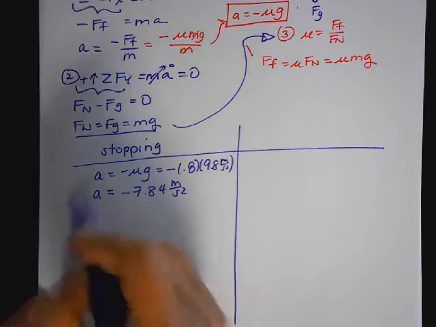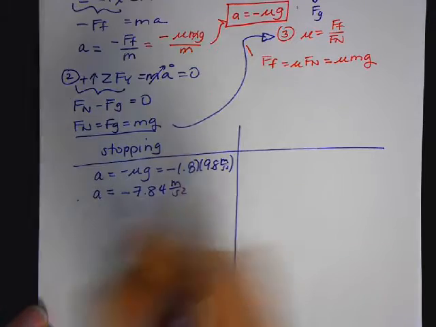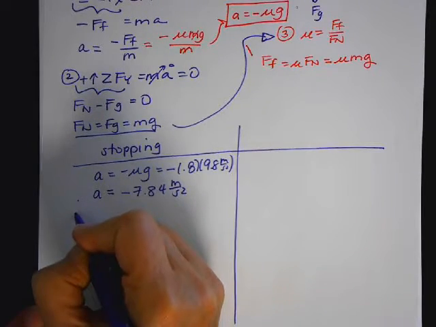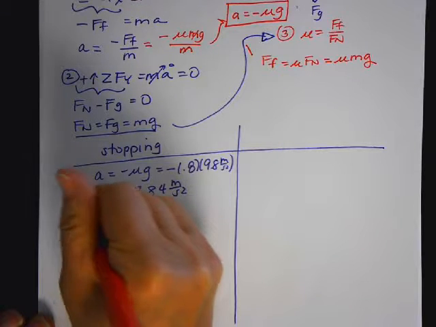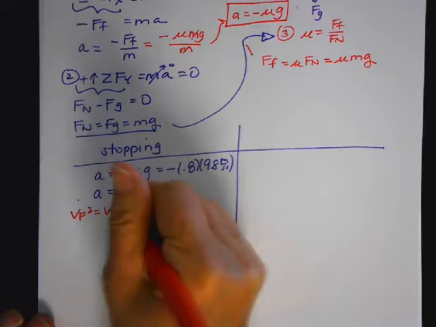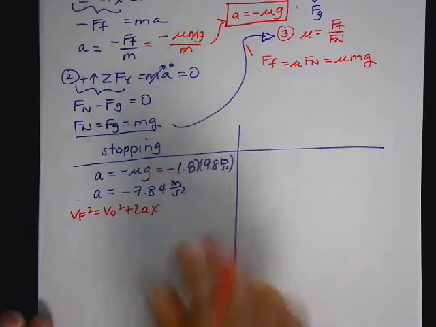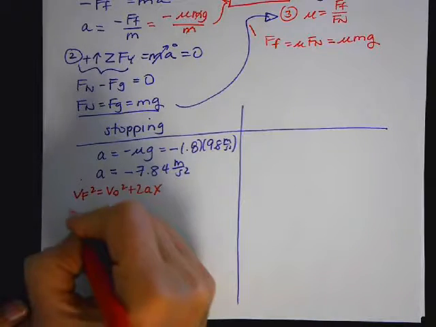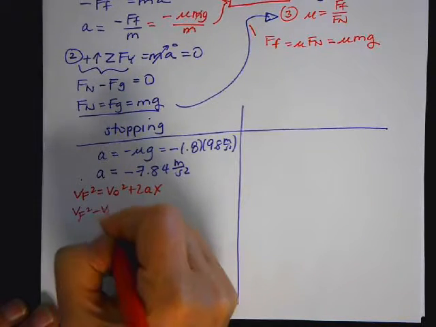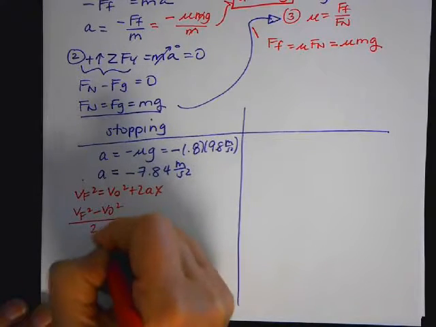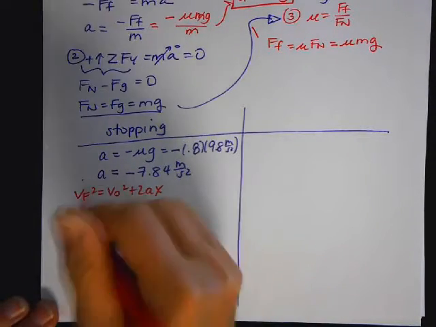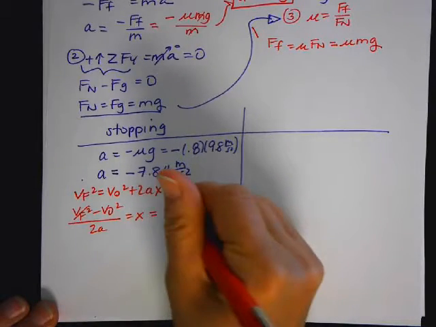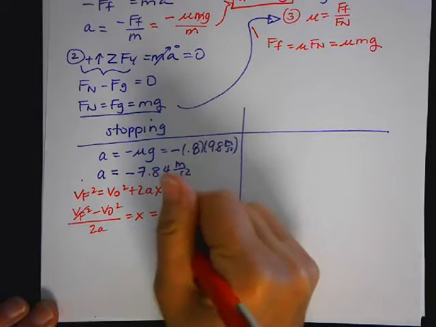Then, to find the distance, remember I'm using the equation Vf squared is equal to V naught squared plus 2ax, and I want to solve for x. So Vf squared minus V naught squared over 2a is equal to x. So the final velocity is 0, so it's negative V naught squared over 2a.